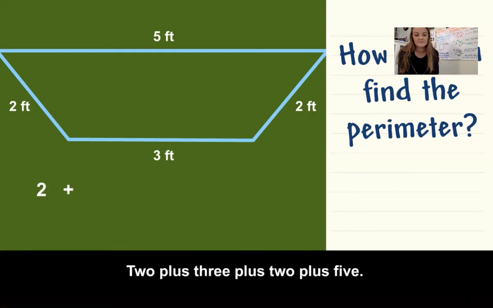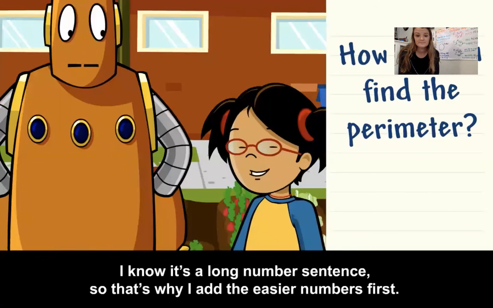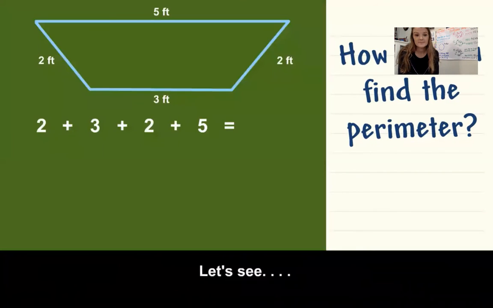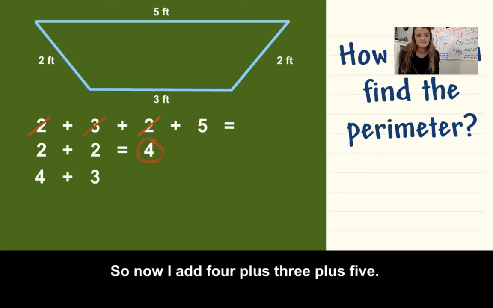2 plus 3 plus 2 plus 5. Remember, we can do it in any order. I know it's a long number sentence, so that's why I add the easier numbers first. Let's see. 2 plus 2 is equal to 4. So now I add 4 plus 3 plus 5. See how she scratches out the numbers?